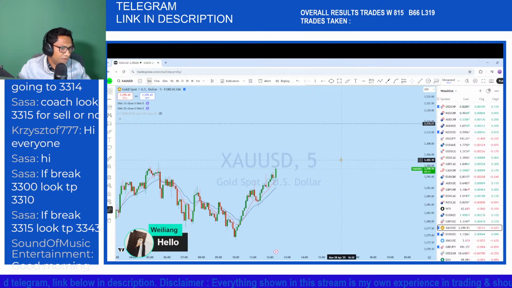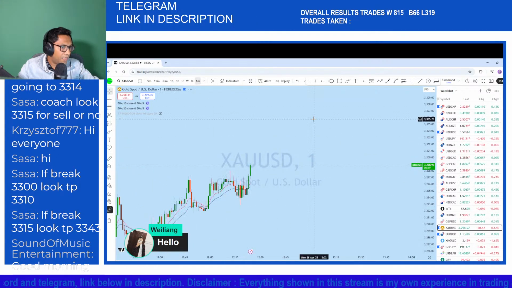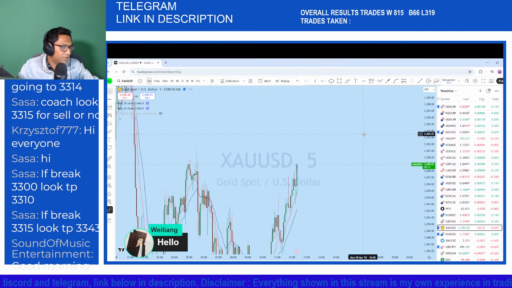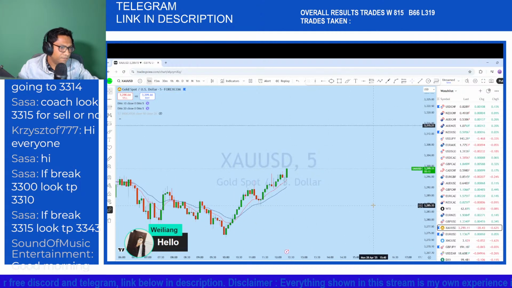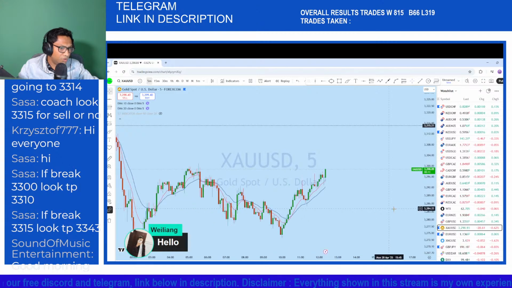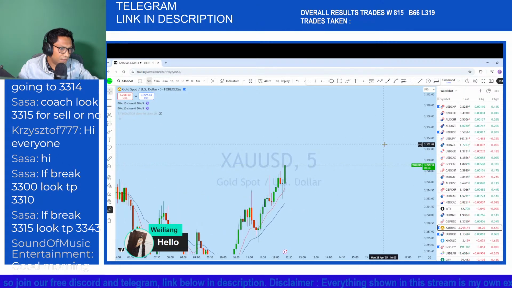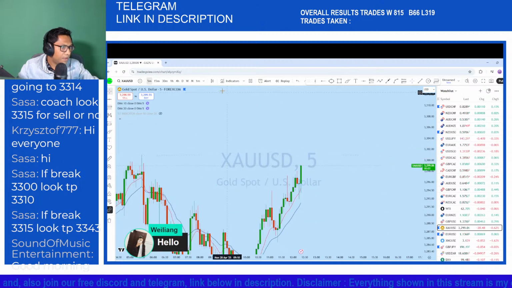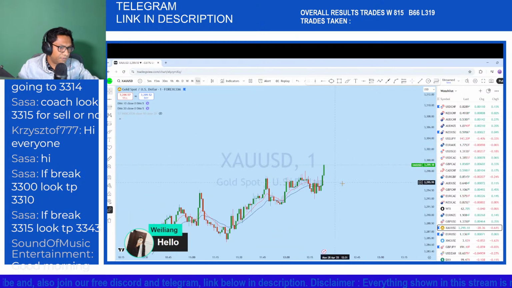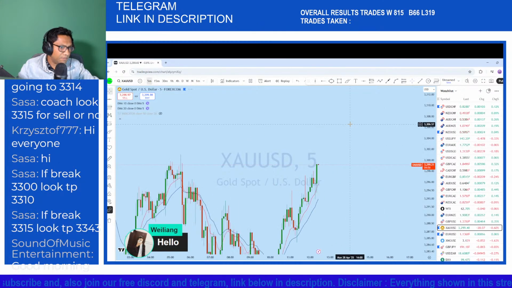If we look at the 5 minutes here, the market is trending, and with that trend, you can see this is an uptrending market structure maintaining that bullish market structure.